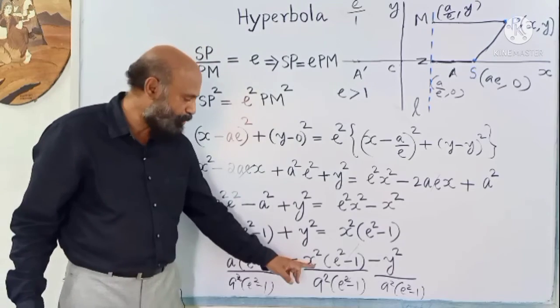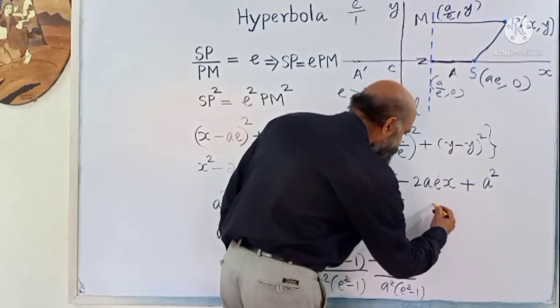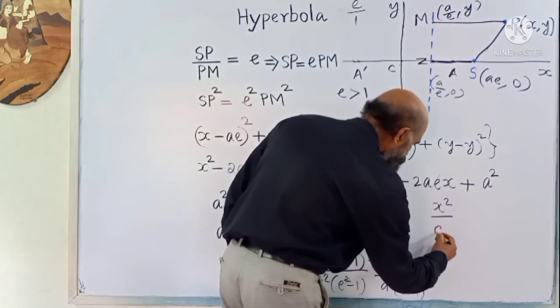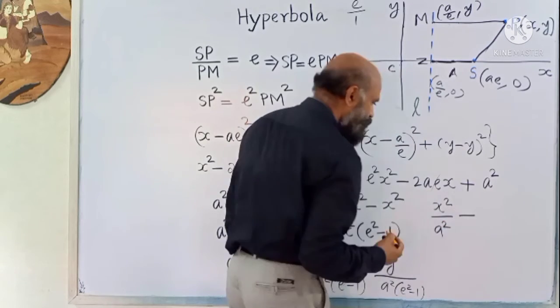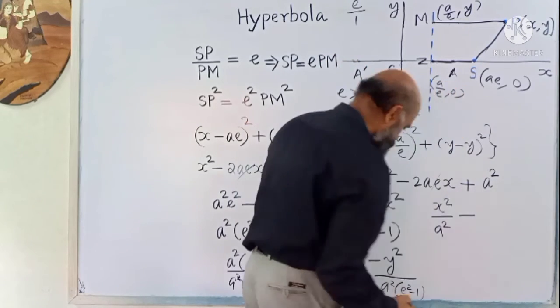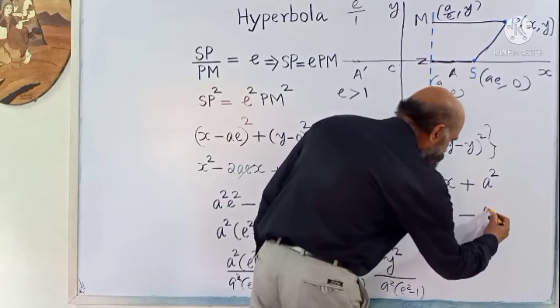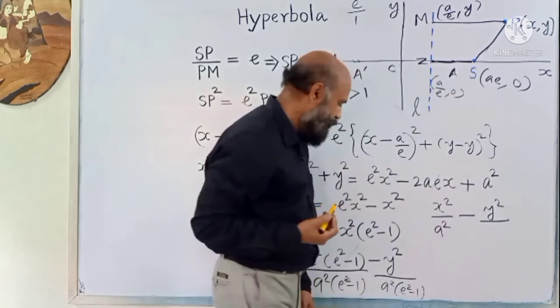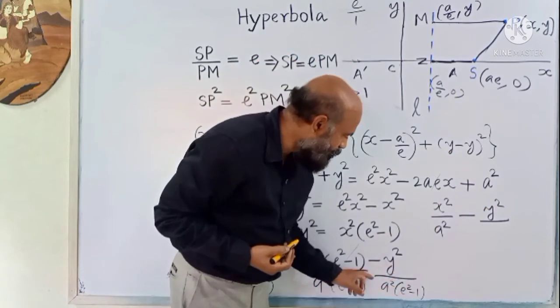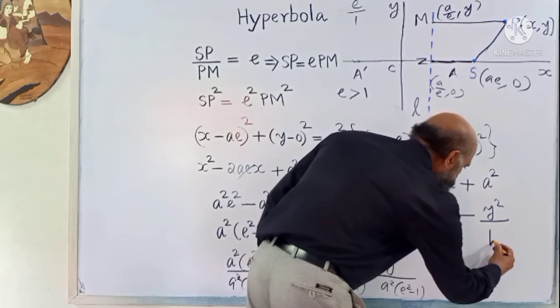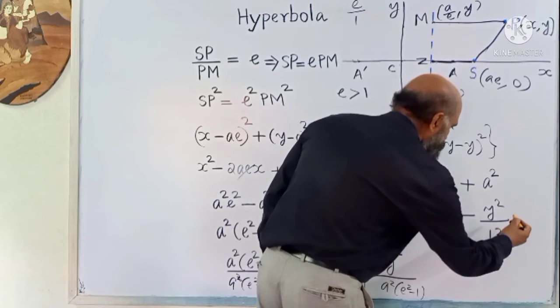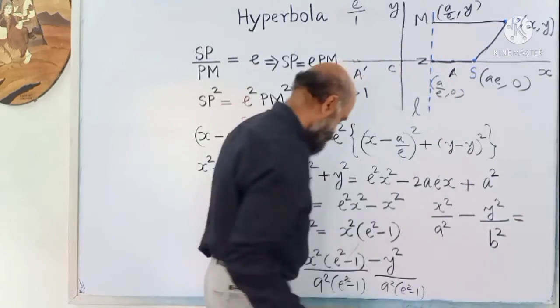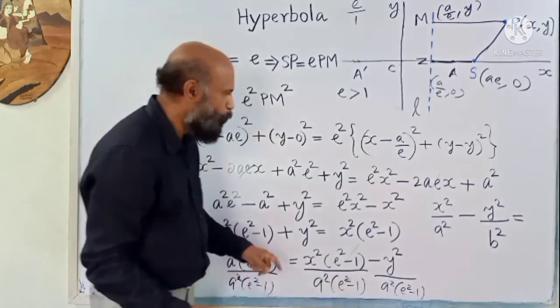So it will be x square by A square minus y square by, for this we can write B square, is equal to 1.